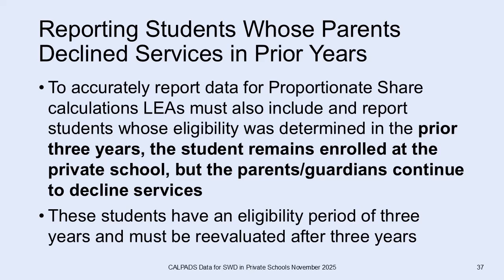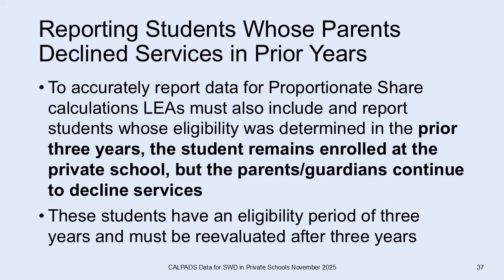The U.S. Department of Education and OSEP identified an area where we were deficient: if a student continues to remain enrolled in that private school during their initial eligibility period, remember, every student with disabilities has to be reevaluated after a 3-year period.